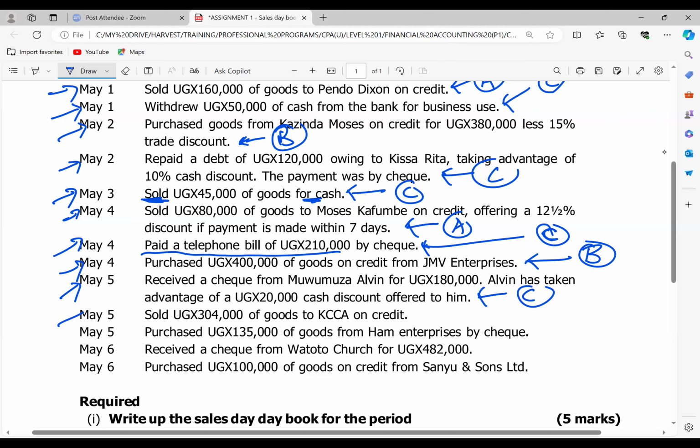Then 5th of May, sold 304,000 of goods on credit to KCCA. Where do we place this one?